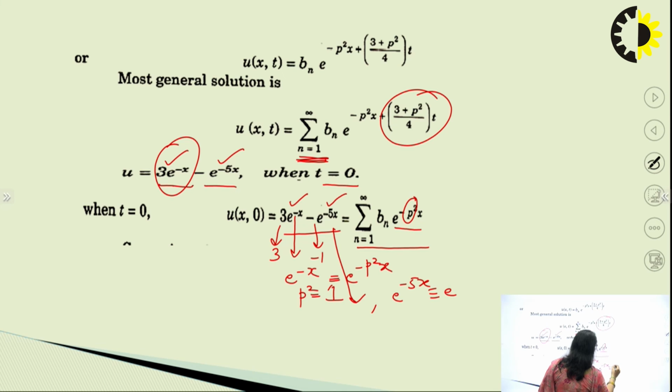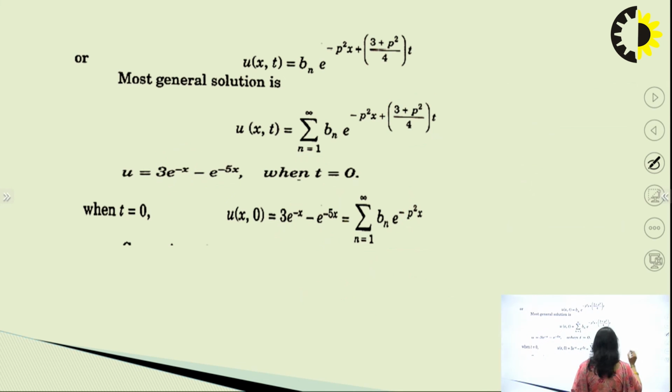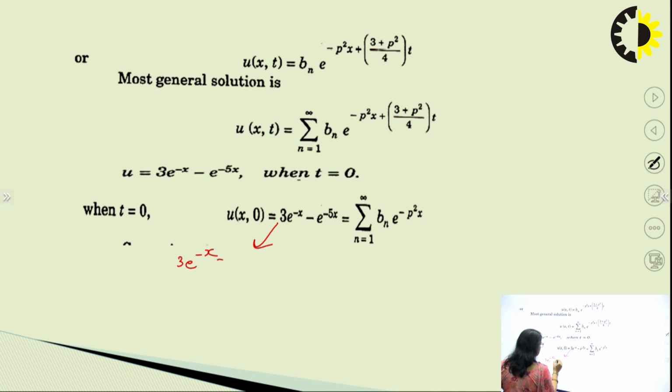I'll compare both the parts. So in this first case, if I compare 3 e to the power minus x equivalent to bn e to the power minus p square x, I get bn to be equal to 3 and p square equal to 1.